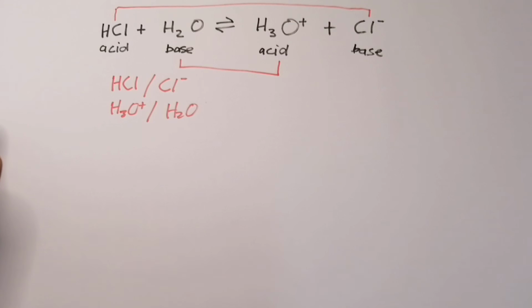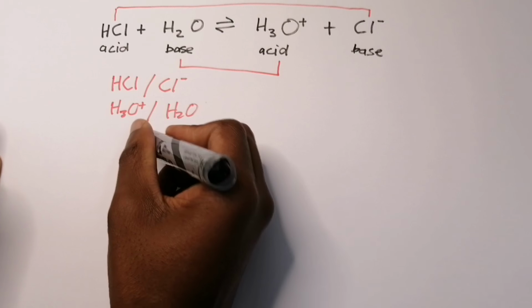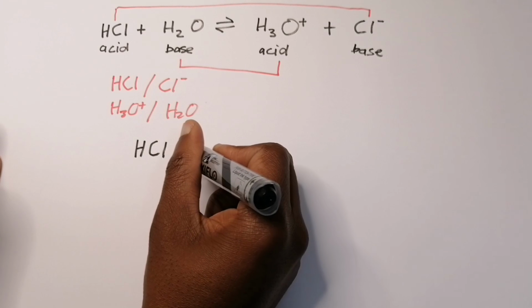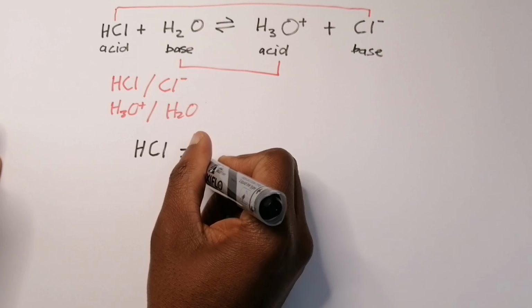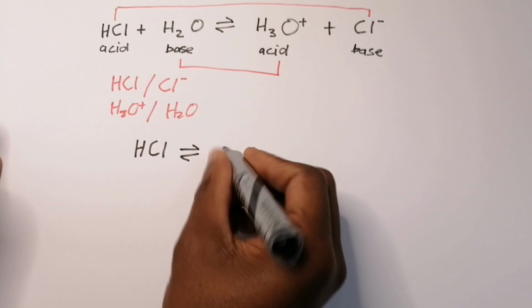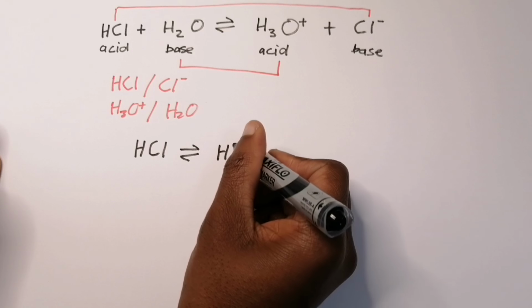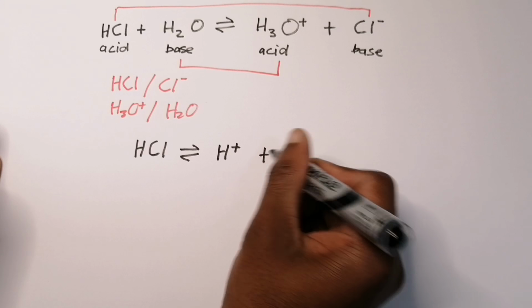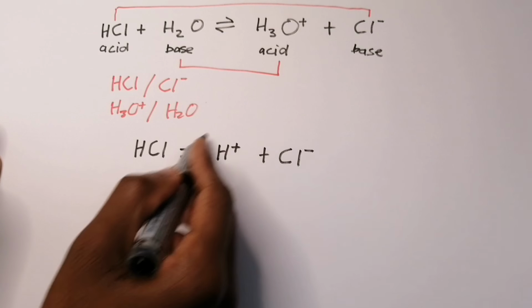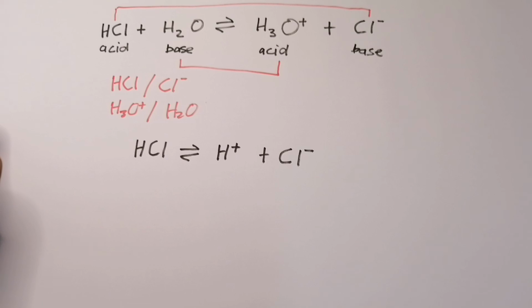It means it's decomposing, it's breaking down, right? So in this case, we can write it in a simple way without necessarily showing the H2O, right? So HCl is now doing what? It's breaking down to become H plus and Cl minus. It is breaking down, it's donating those H plus ions, okay?